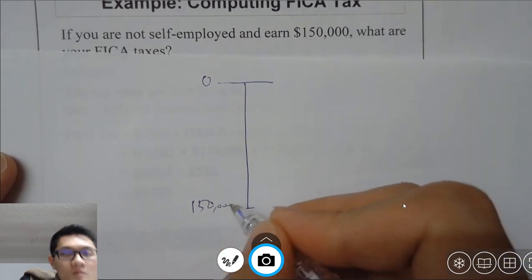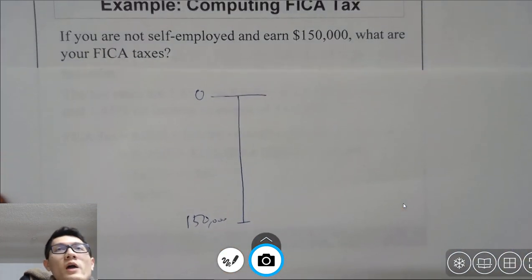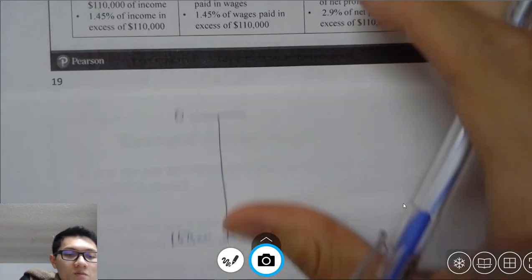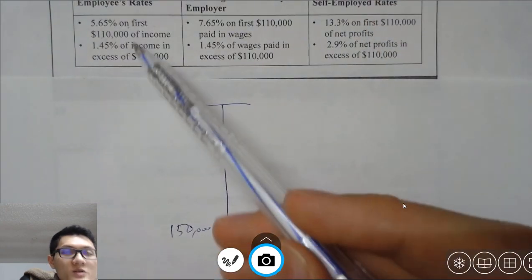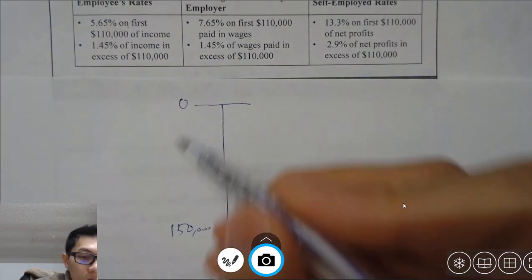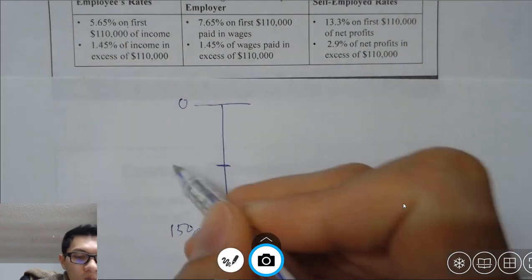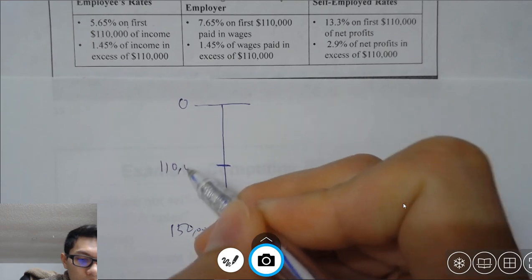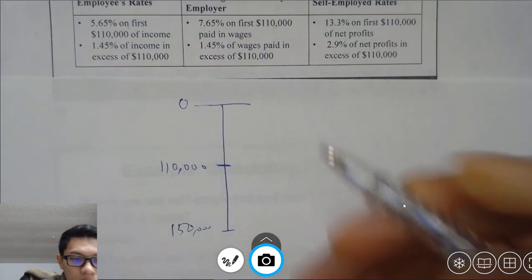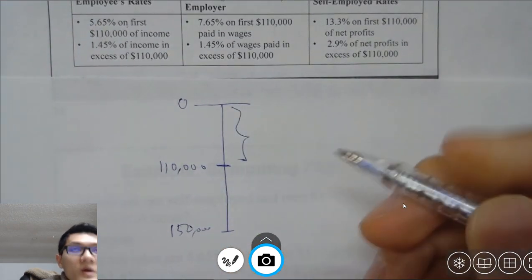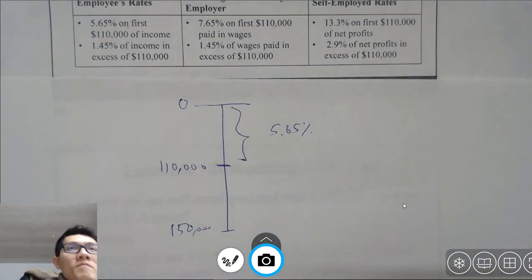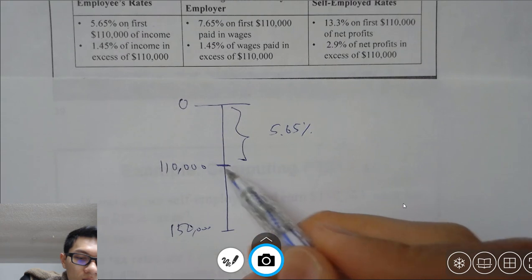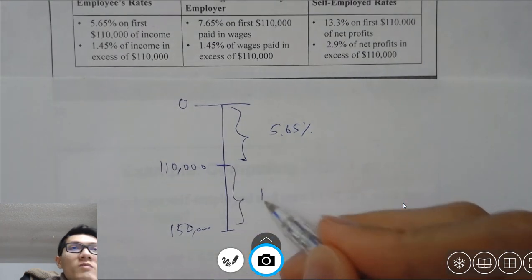Okay, and we know that according to the table, between 0 and 110,000 we have 5.65, and then after that it's 1.45.